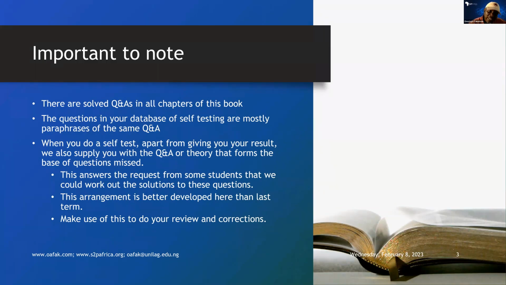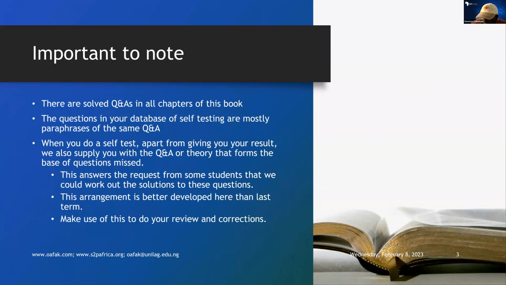The questions in the database of the self-tester are mostly paraphrases of the same Q&A. It's the same questions in the Q&A that we are bringing up in an objective form. So those questions are essentially saying the same thing. If somebody can solve the objective question or the full question, they are essentially the same.